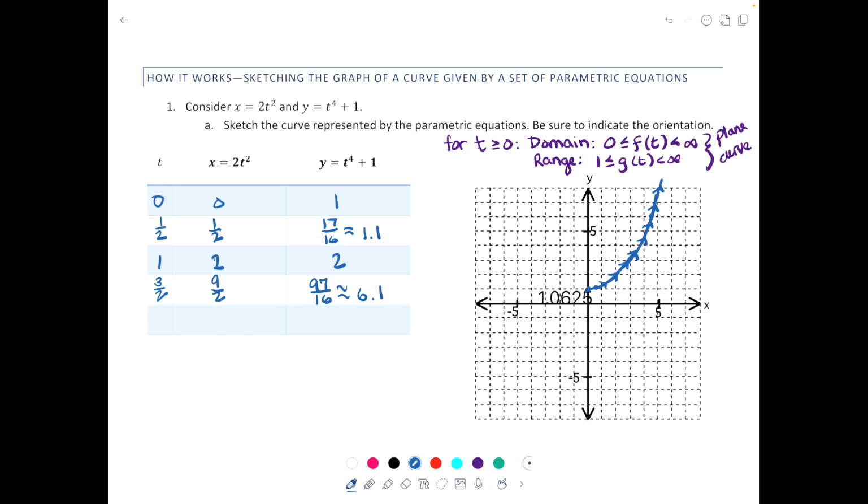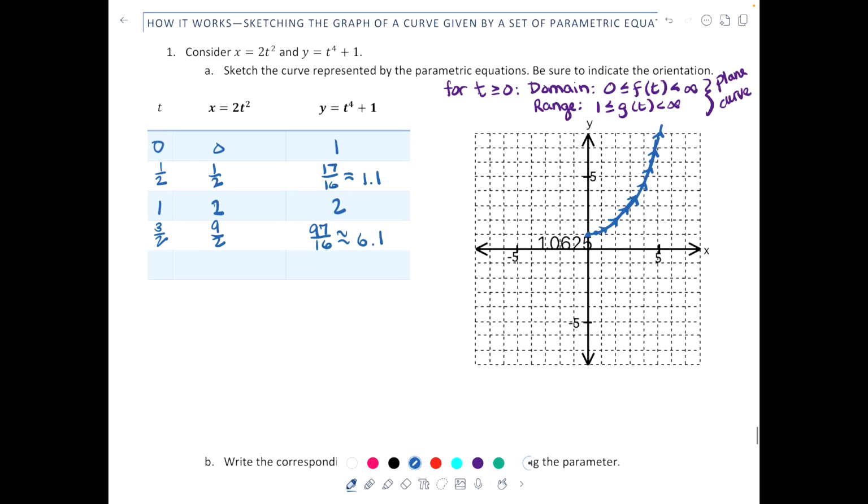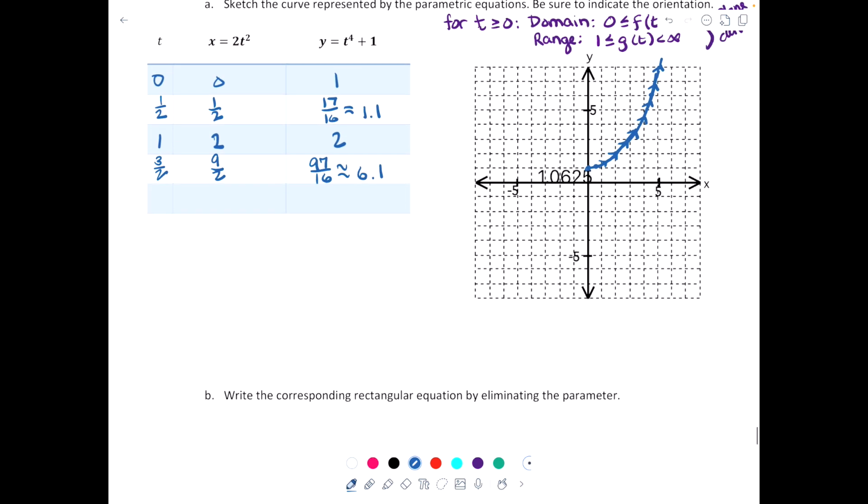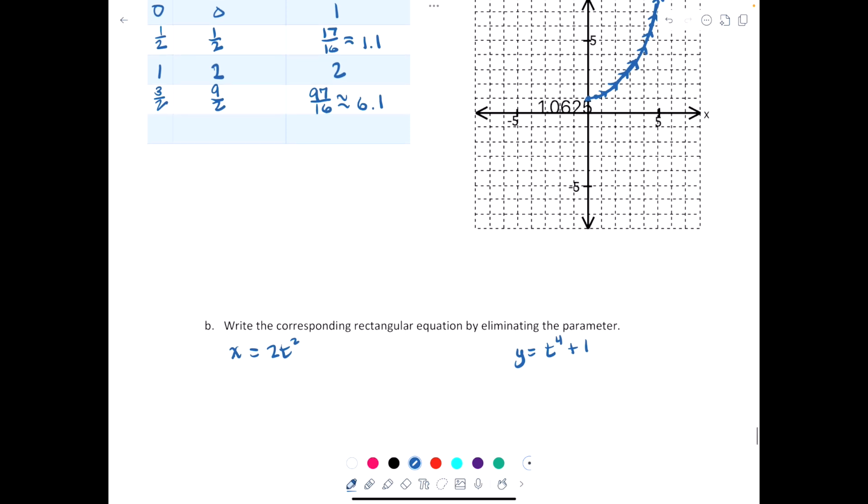So our next step is to check out what this would look like if we were to eliminate the parameter, right? If we eliminate the parameter, you take x equal to 2t squared and y equal to t to the fourth plus 1, and we're trying to write them in x and y alone. So what I'm looking at here is I see that y has a t to the fourth, and I see that I can isolate t squared.